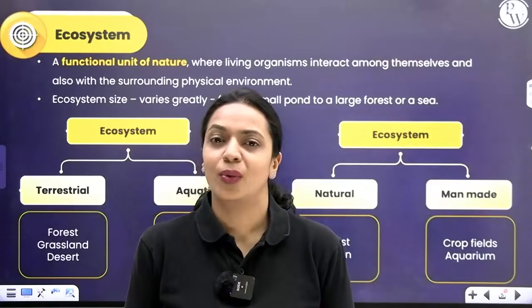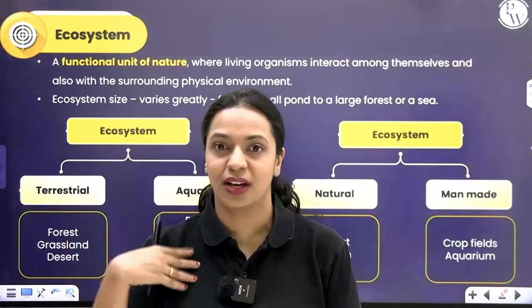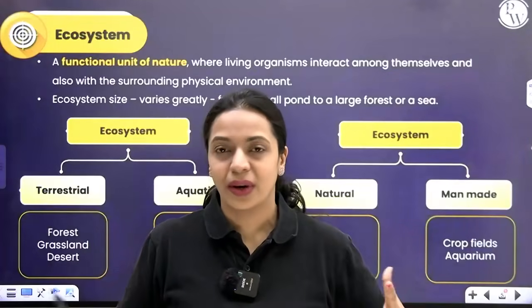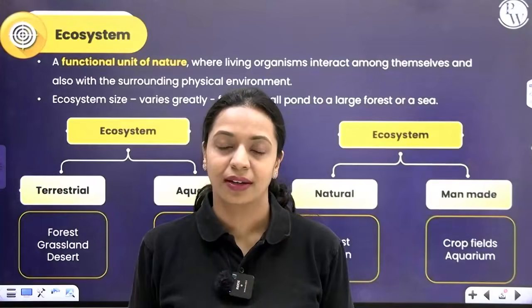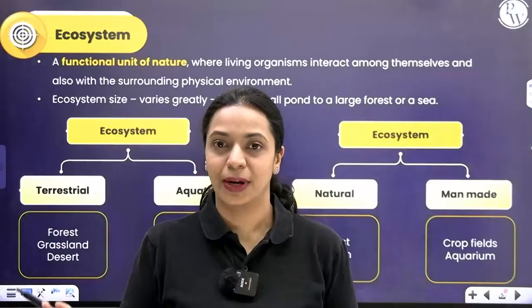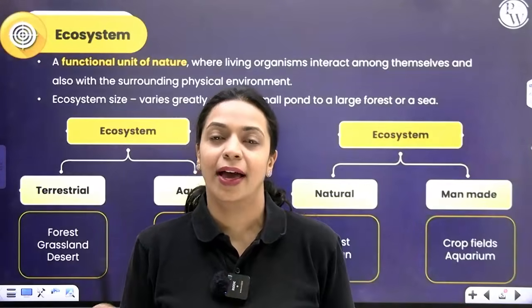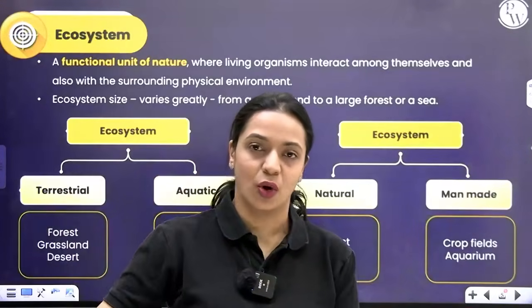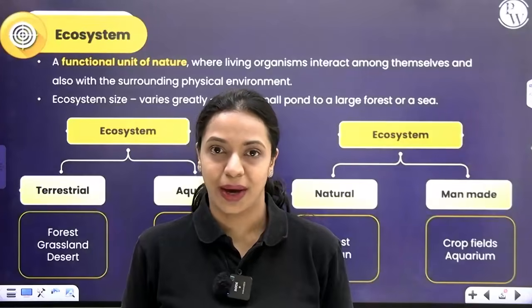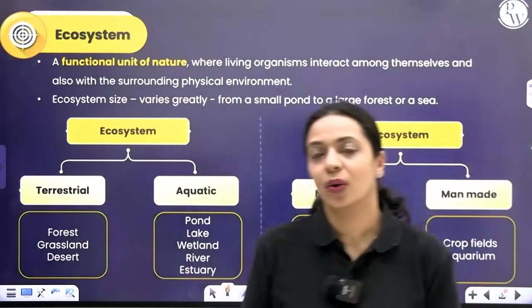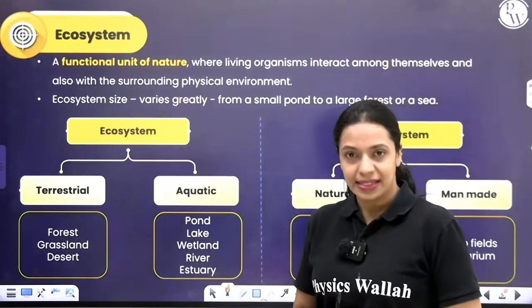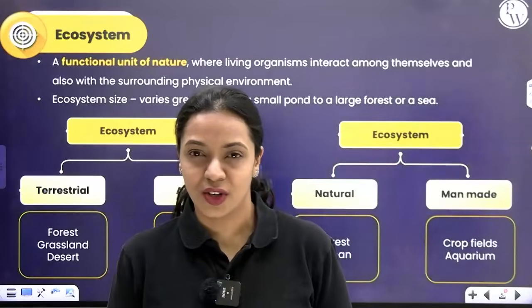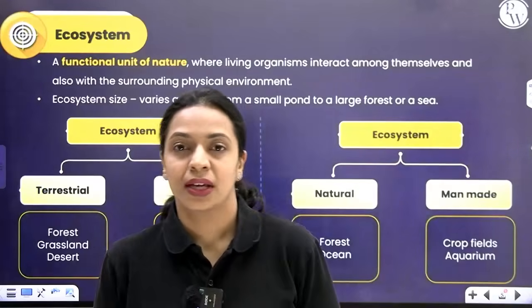So in an ecosystem, basically we're studying how interaction is taking place between these different components. You know how living organisms interact with each other, right? And we also interact with our surrounding environment. All of these interactions that take place among living organisms and also between living organisms and non-living things is what we refer to as ecosystem. You know how we say that cell is the basic structural and functional unit of life, right?